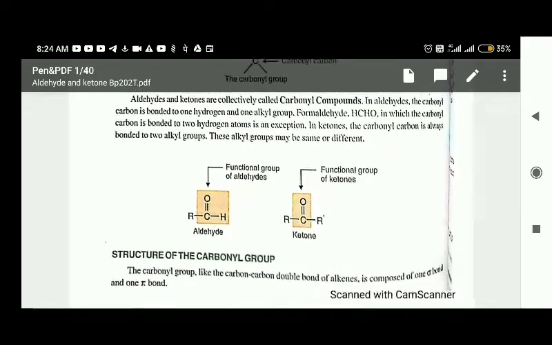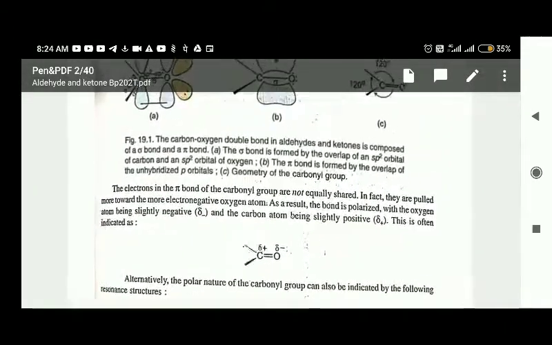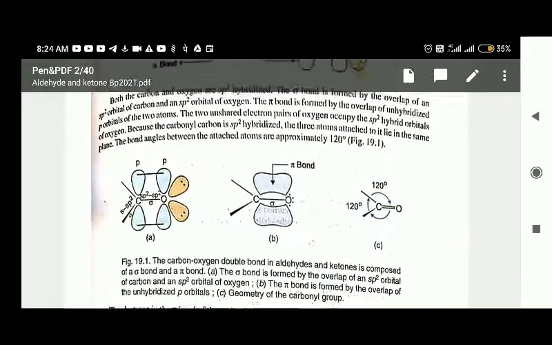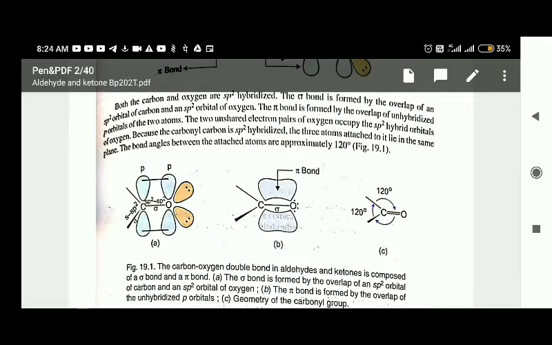Let's go. We have studied these things, so I'm not discussing the functional group. This is the basic thing, you know. Now, which kind of hybridization are you going to see in the carbonyl group? What is the hybridization present in this carbon? Let me draw this again.